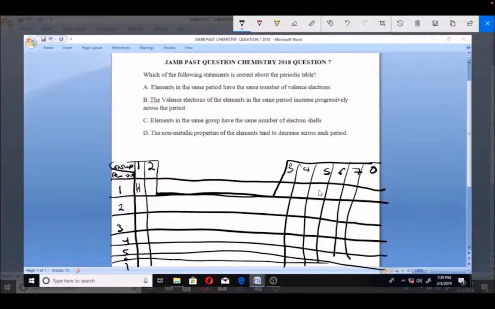So you have hydrogen there. Then in period 2 you have lithium and beryllium. Whereas on this other side you have boron in group 3. Then under group 4 we have carbon, we have nitrogen, we have oxygen, we have fluorine, we have neon.